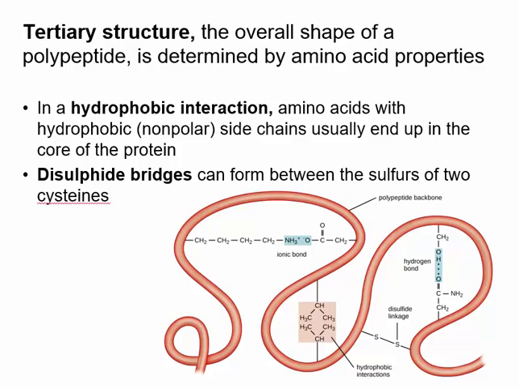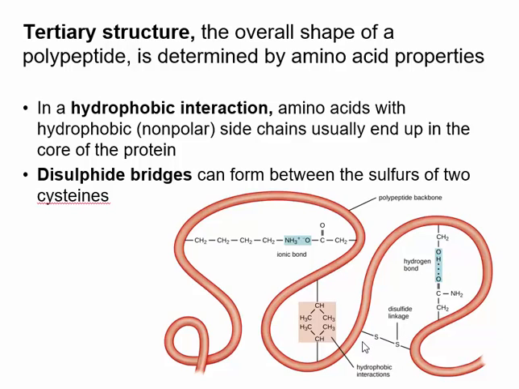Other things that we might see, so here's that hydrophobic interaction, ionic bond here. So you've got two charged amino acids and they're being attracted to one another, just like magnets, like we saw with ionic bonding. Hydrogen bonding still occurs as well in tertiary structure. Again, it's more important at that secondary structure level, but it doesn't mean it's not important here.